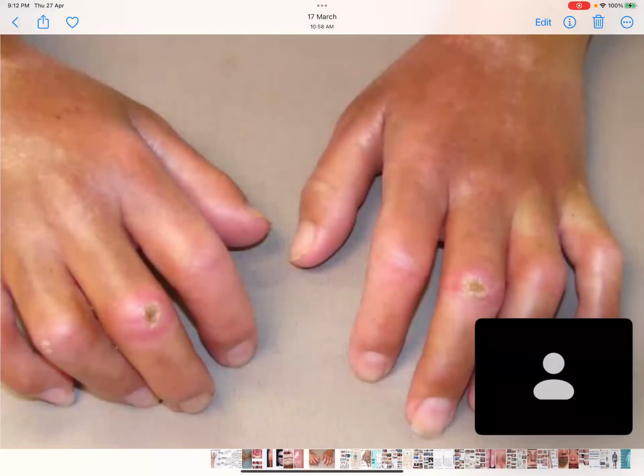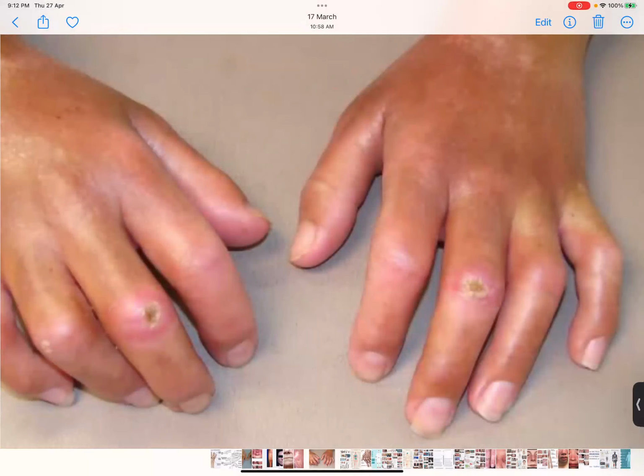So in this case, take it as a comprehensive approach. Whenever I see this case, I should think about all the internal complications. The most important are cardiovascular, GIT, and pulmonary.